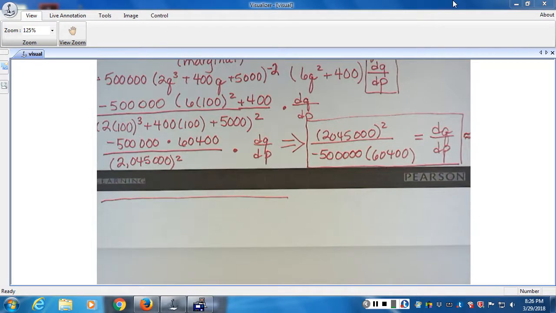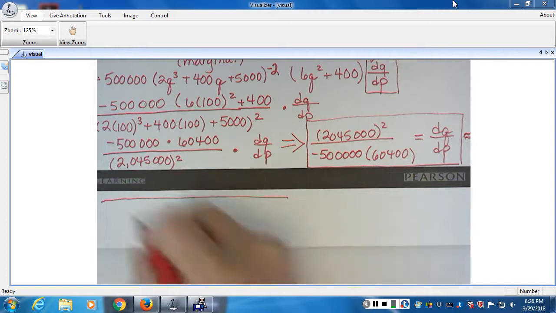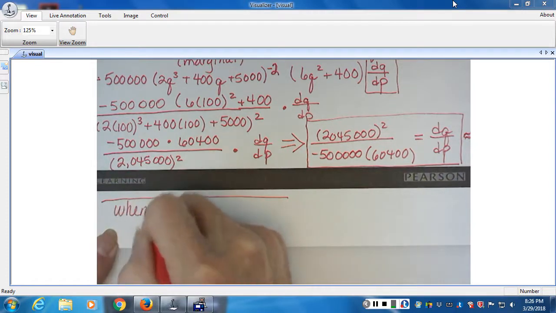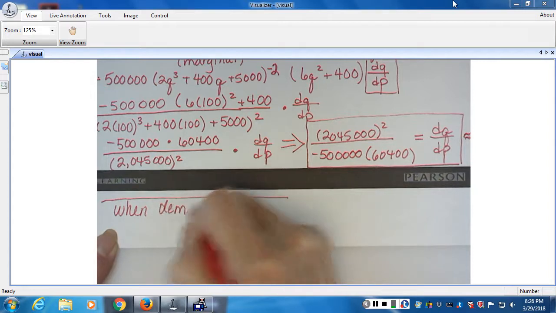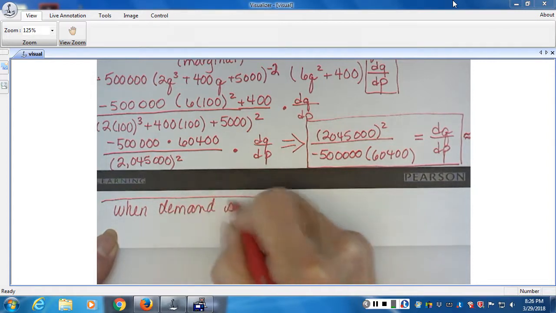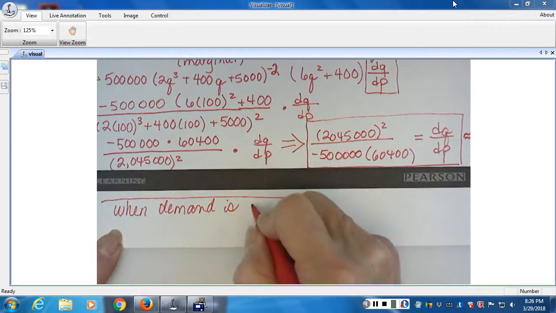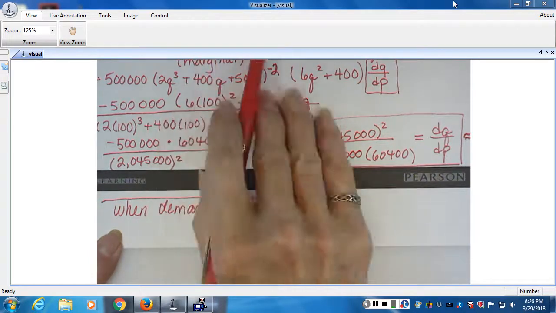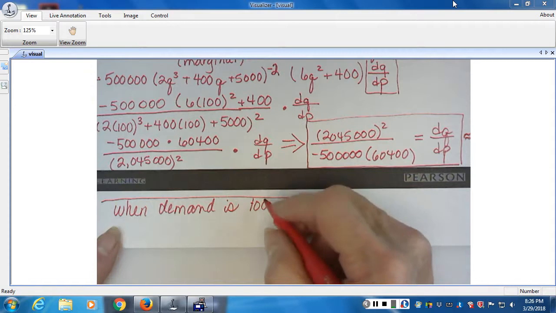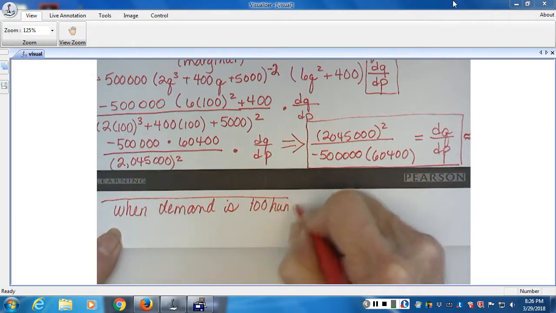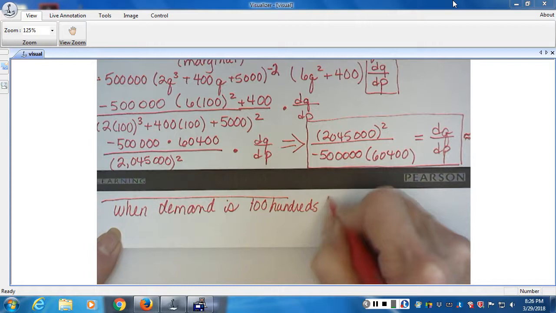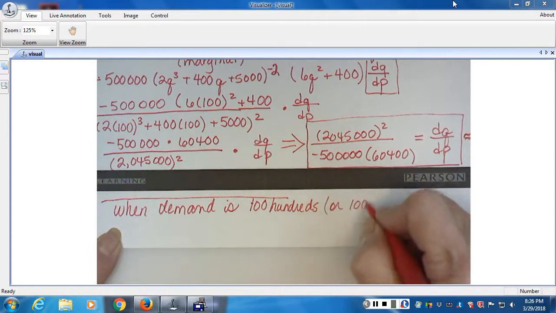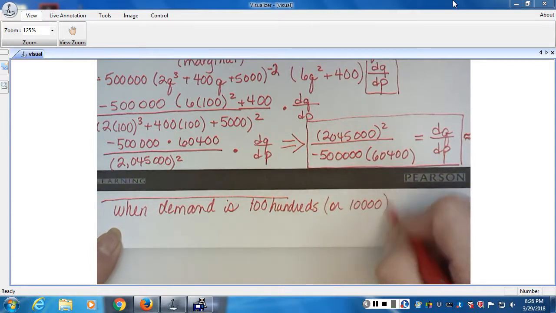Now, we've got a number. The hard part was getting the number this time. What does that number mean? When demand is 100, and remember it says up here it's in hundreds of units, so actually that's 10,000.